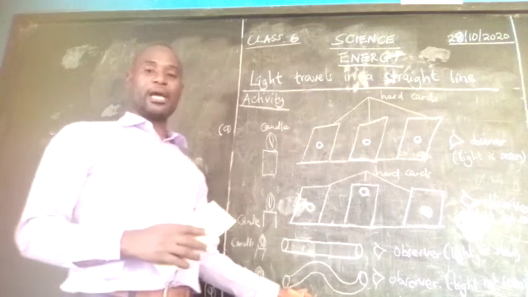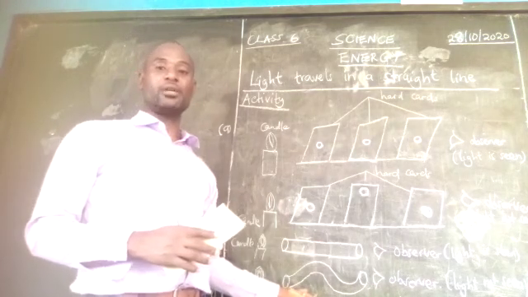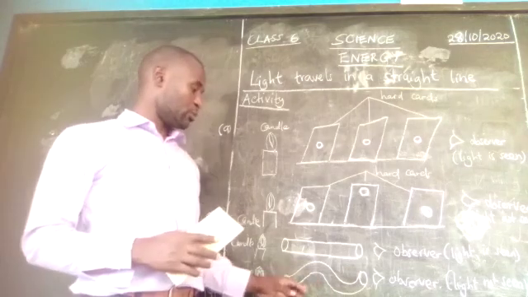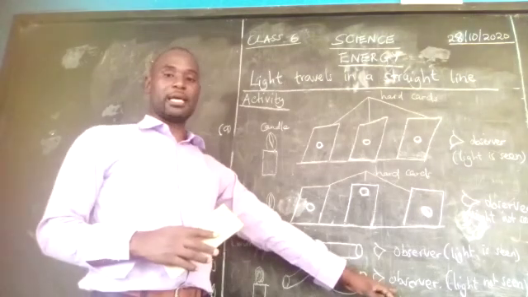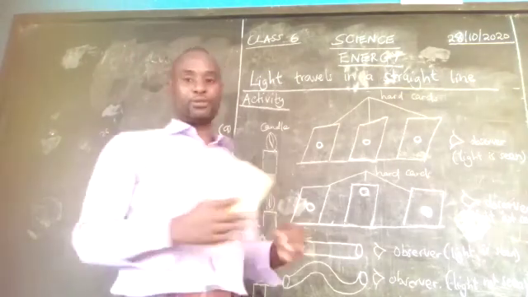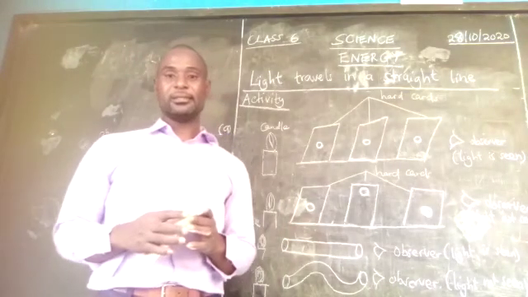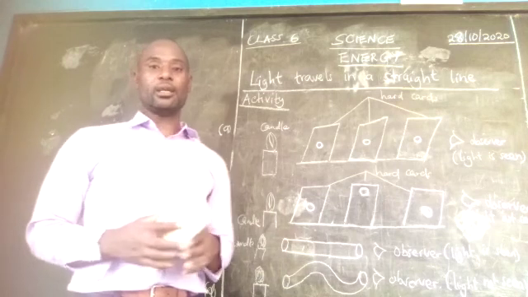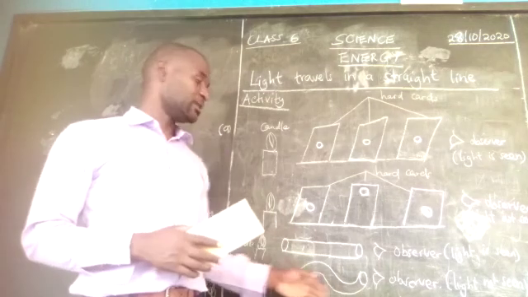But in a pipe that has been folded, you will not be able to see light from the other end because the folding is blocking the light from passing through.